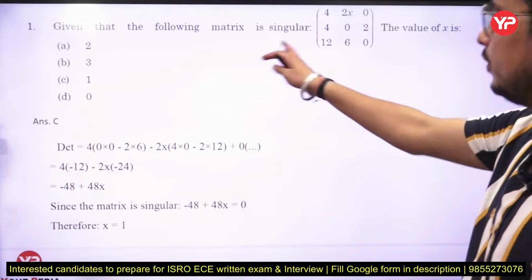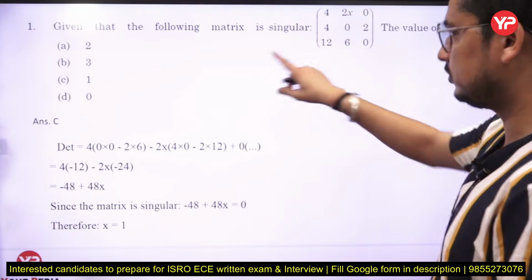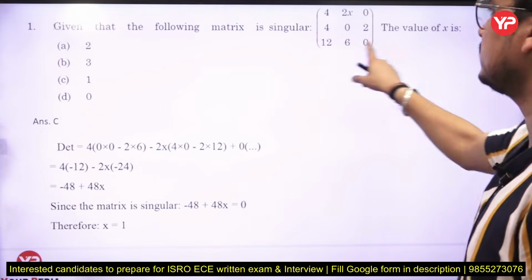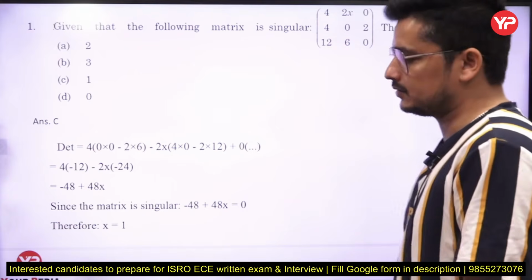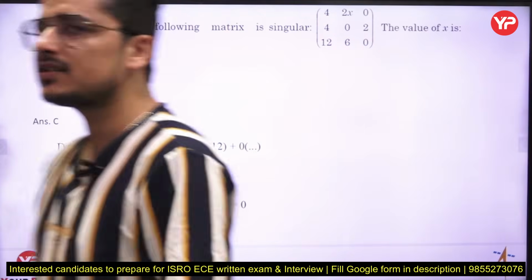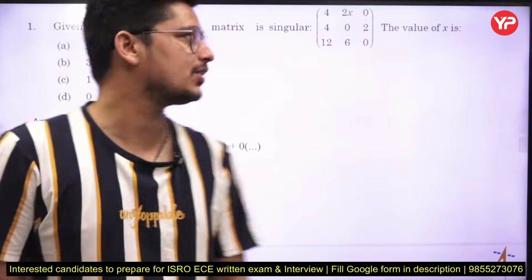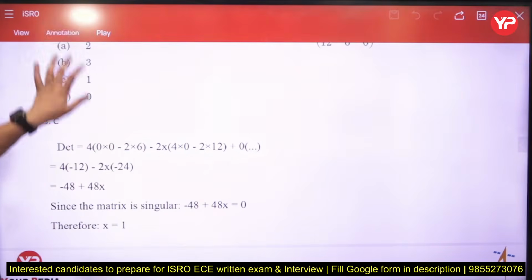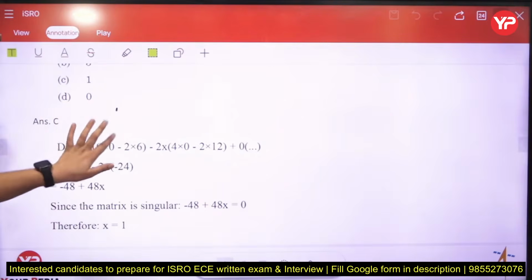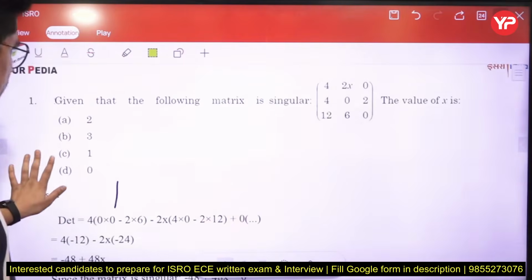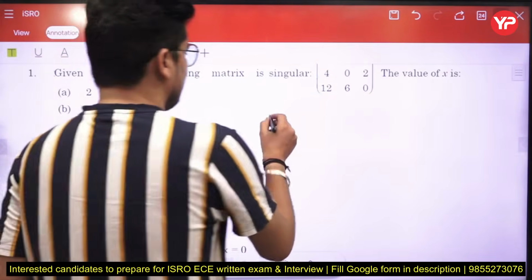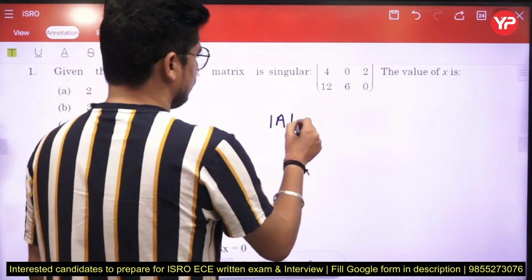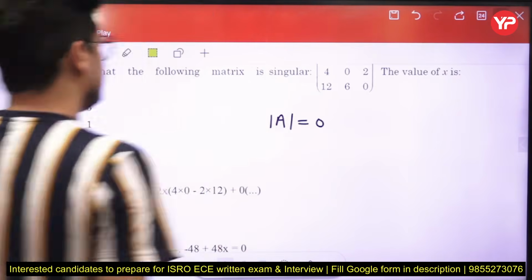Okay, given that the following matrix is a singular matrix, find the value of x. What do you mean by the singular matrix? Whenever you have a singular matrix, it means the determinant of that matrix should be equal to 0.